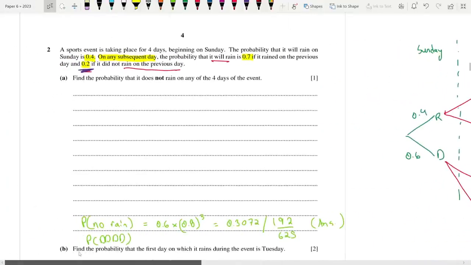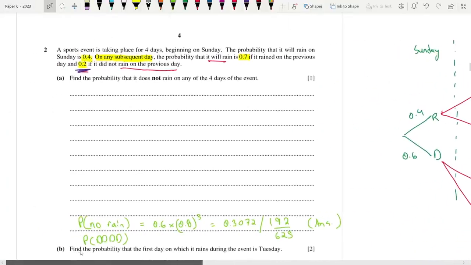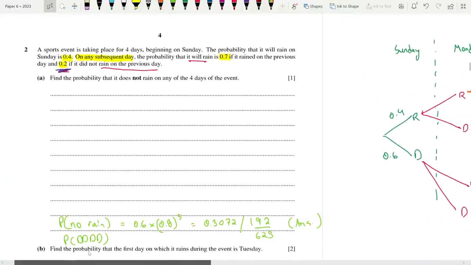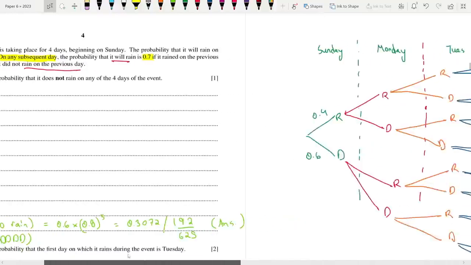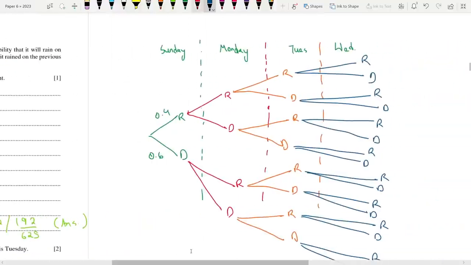As you know, on the first day it's different, and on any subsequent day, if it rained the previous day, the chance of raining is 0.7. So this should be 0.7 and this should be 0.3, and if it does not rain, it's going to be 0.2 and 0.8. So it's going to be 0.7 and 0.3 there as well.